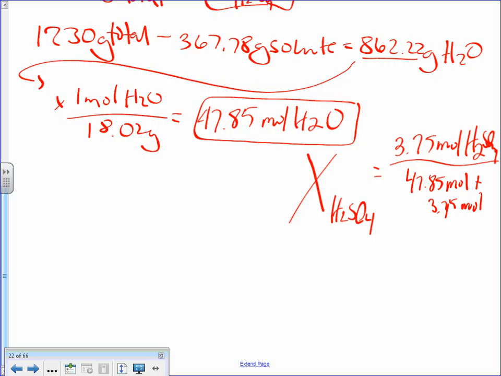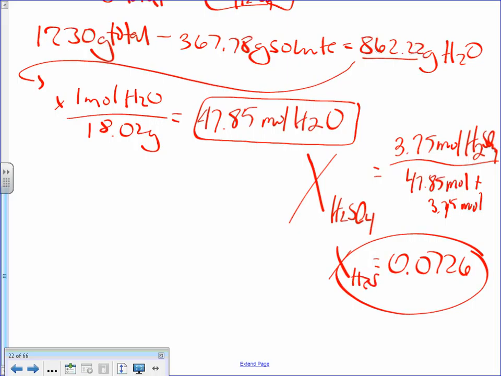That will give you a fraction, 0.0726, and that's the mole fraction of sulfuric acid. So the mole fraction of water is going to be 0.9274.